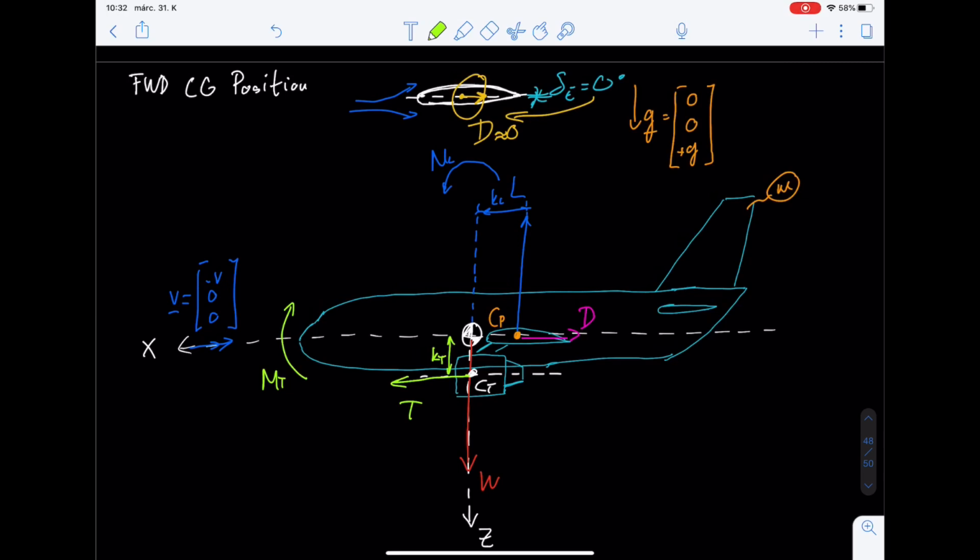So if you just look at this drawing, you could say that theoretically it's possible that at one point the amount of thrust could counteract the amount of lift generated and therefore equalize the moments, which is true for a point.